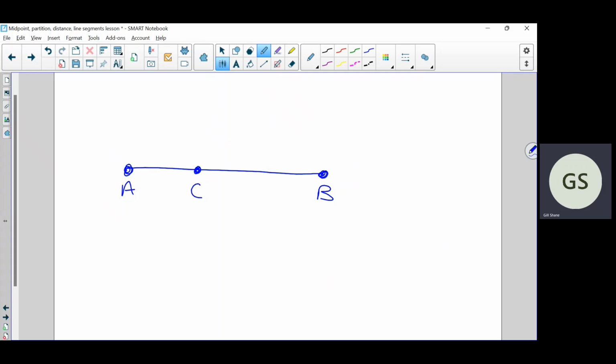But in math, between really means that the length of the left segment, which in this case is AC, plus the length of CB, remember, when you see this, it means the length of that segment has to equal the length of the big segment, AB. That's the whole concept right there.